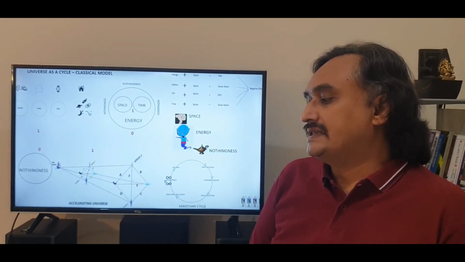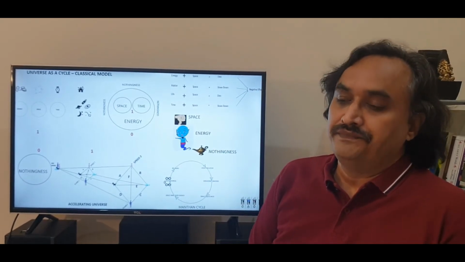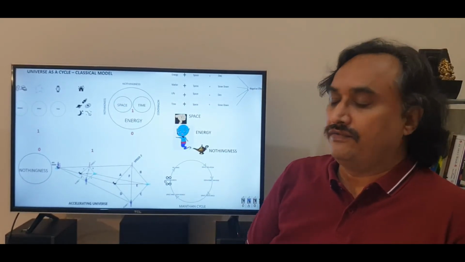Which means that space has a negative effect on all forms of energy, whether it is pure energy or any other form of energy.